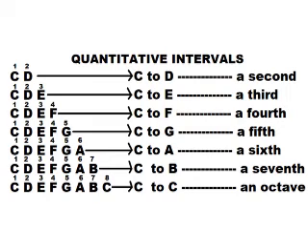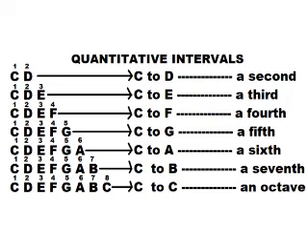If I have a particular note, let's say C, the C I just produced now, and I produce another note next to it, which is a D, I can say that from C to D is a second.